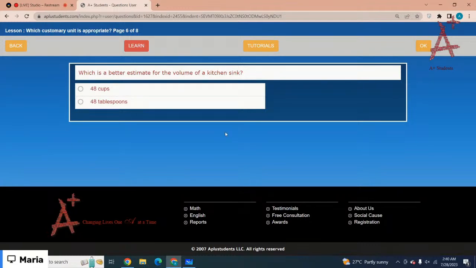For a kitchen sink, 48 tablespoons is much less, so that would be 48 cups.